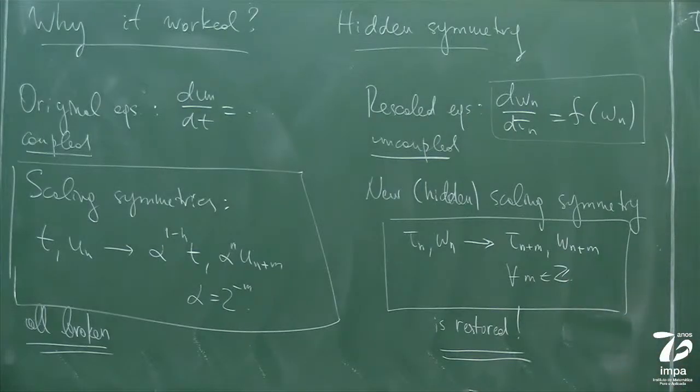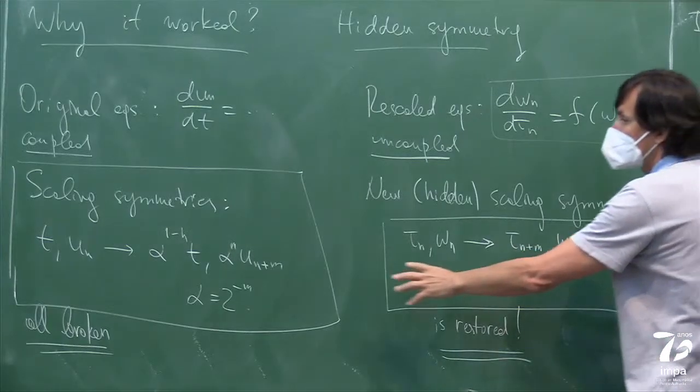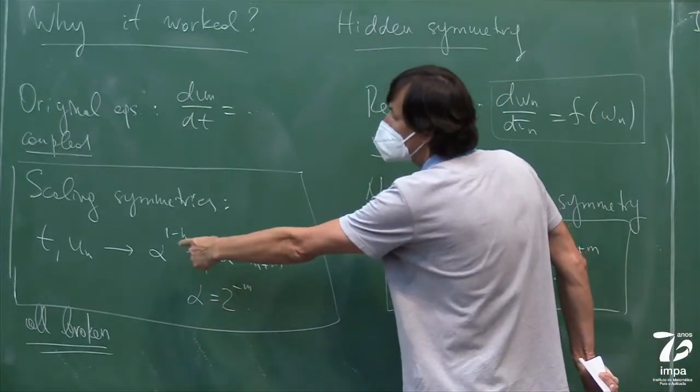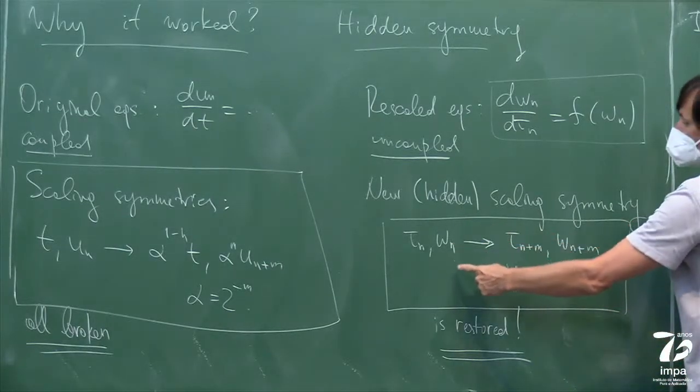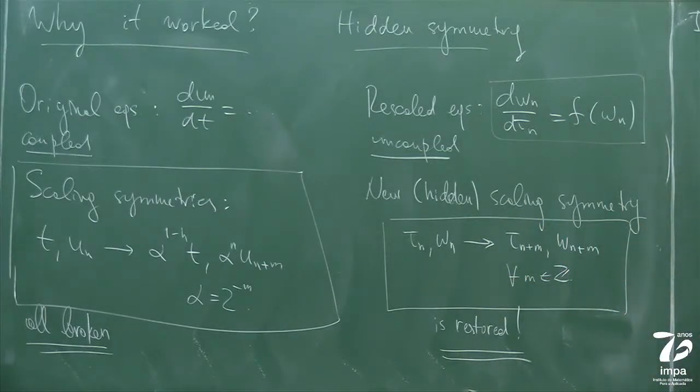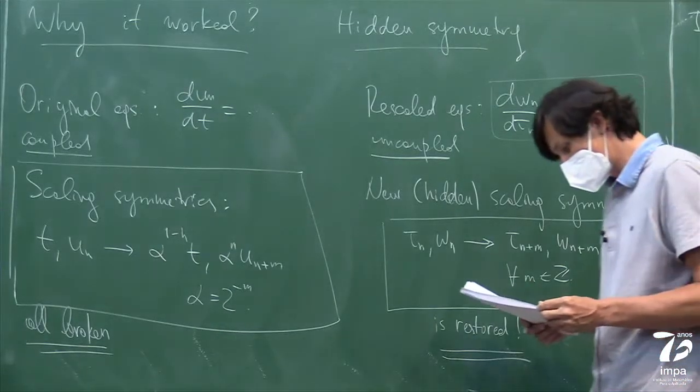Remember, I wrote a formula for this. Unlike the scaling symmetry, which is just a linear change of variables, this is a rather complex nonlinear transformation of the equations. So the hidden symmetry is something more complex.